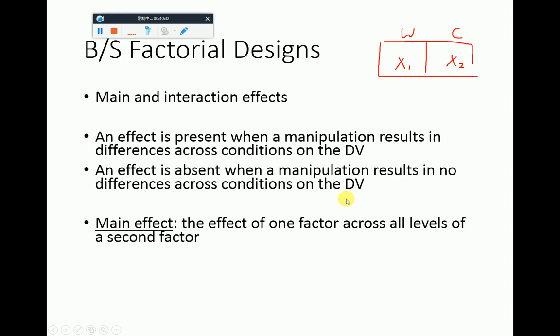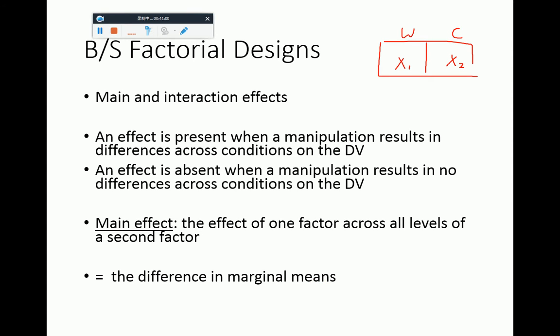Okay? And main effect is defined as follows: if a main effect is present, then that suggests there is an effect of one factor across all levels or all conditions of a second factor. That is, there's a difference in marginal means.